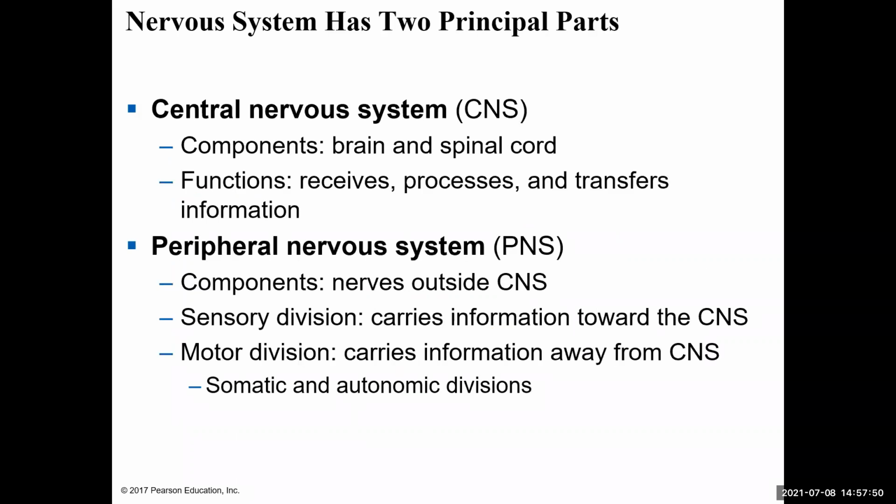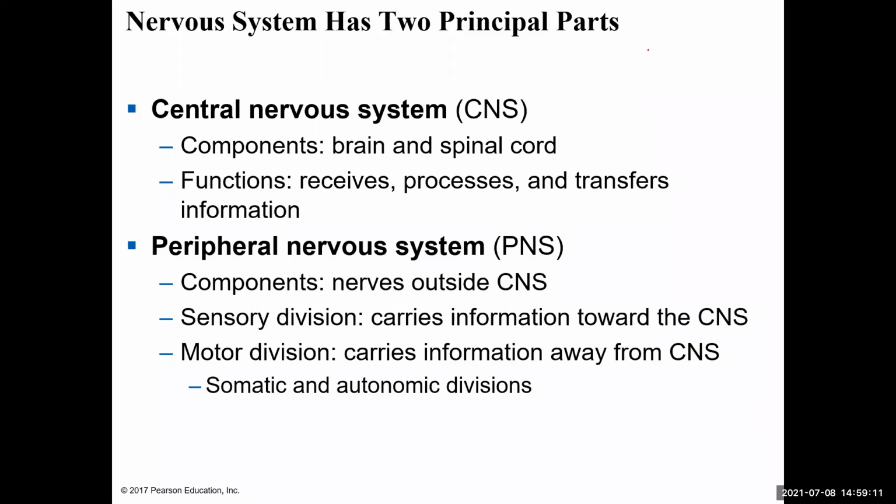Now, the nervous system can be divided into two major parts. You have the central nervous system, or the CNS. Then you have the peripheral nervous system, which is the PNS. So the CNS is made up of the brain and the spinal cord.